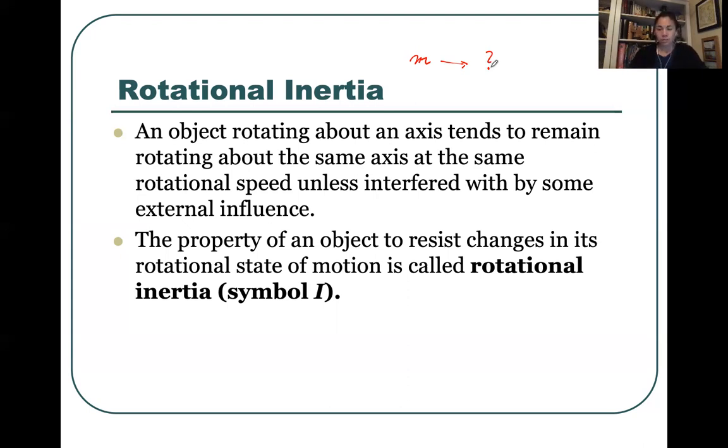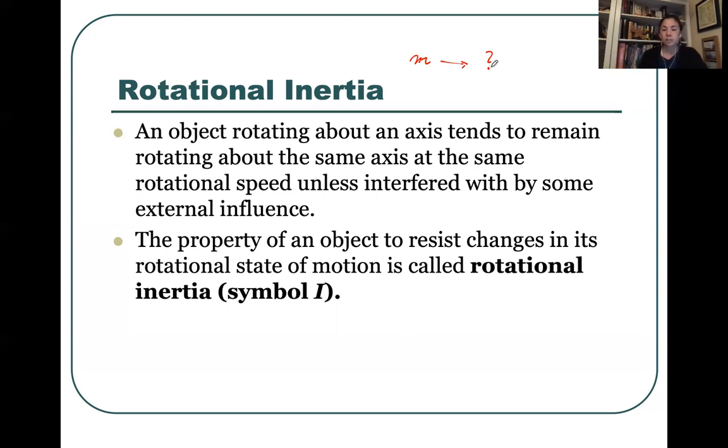And as it turns out, we have something that we're going to call rotational inertia. So rotational inertia is going to carry the same idea that we used for linear motion. But now we're going to look at the property of an object to resist changes, but now in its rotational state of motion.